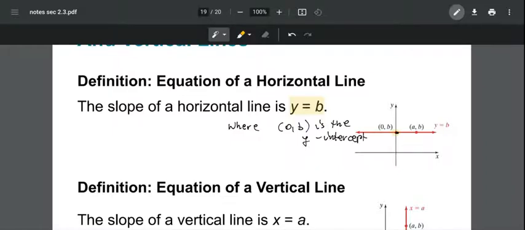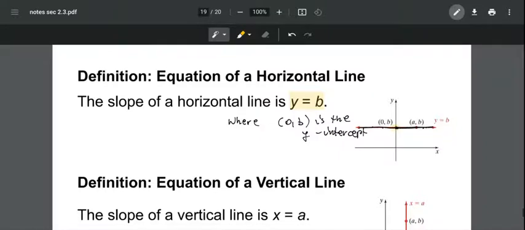A horizontal line goes through all the points which have the same y-coordinate, which is b.